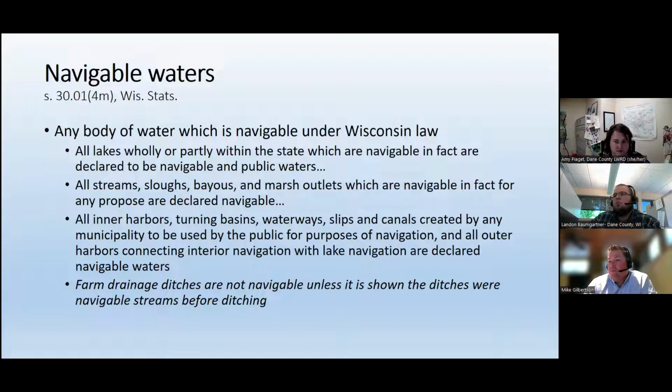And these dotted lines or blue lines on the map show up, and we're looking at, are these navigable or not? But we are looking at them from the standpoint of not so much just 151 compliance, but if we want to install a conservation practice to address a resource concern, we're looking at whether or not we need a permit to do that as well.